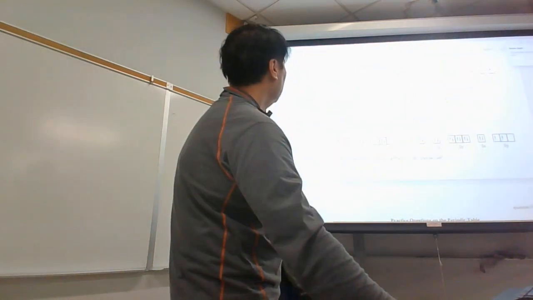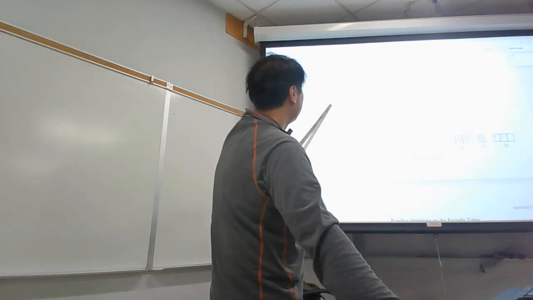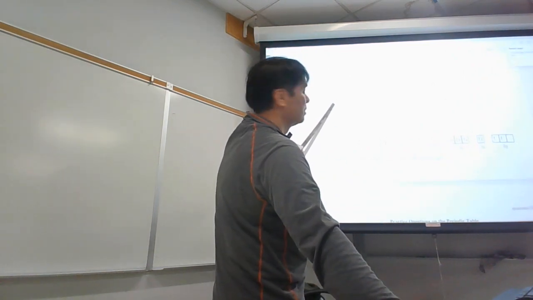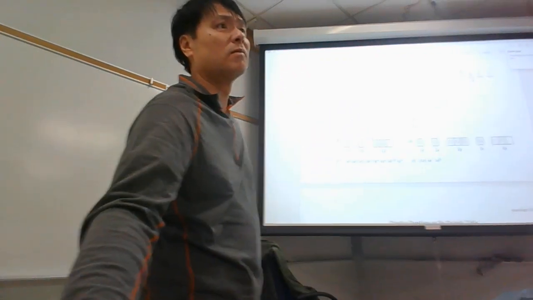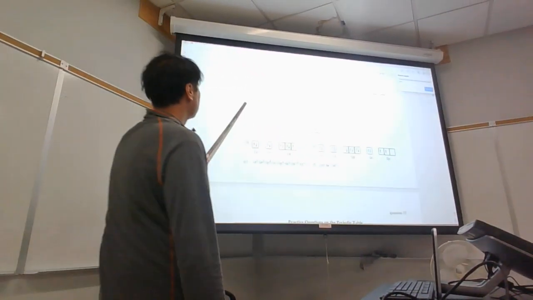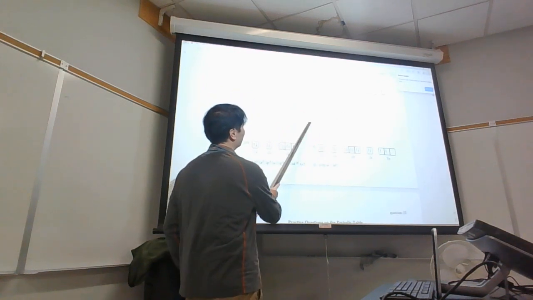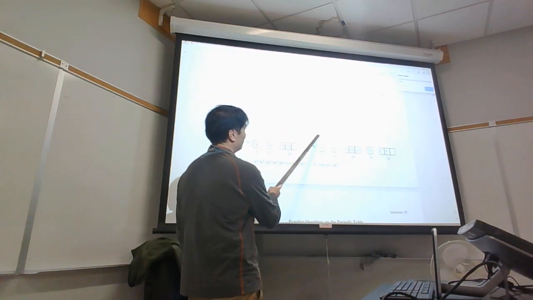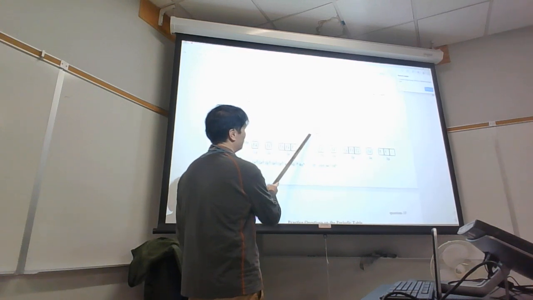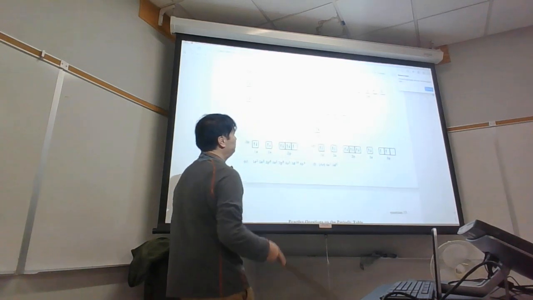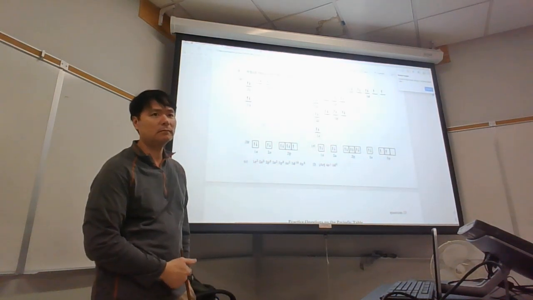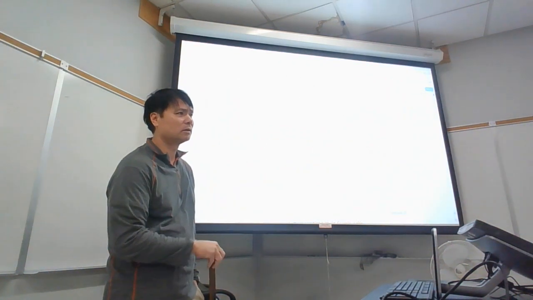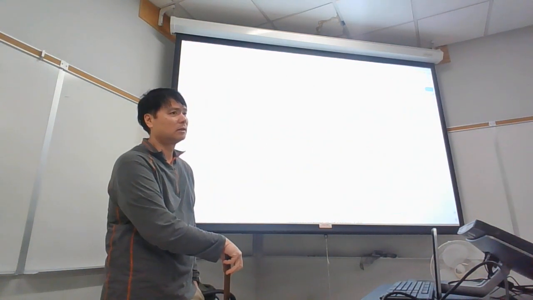Can you identify this element? Neon. Yeah, first and second shell fill. How about this one? Copper. Nickel, not copper. Close, it's close to copper. Not iron.